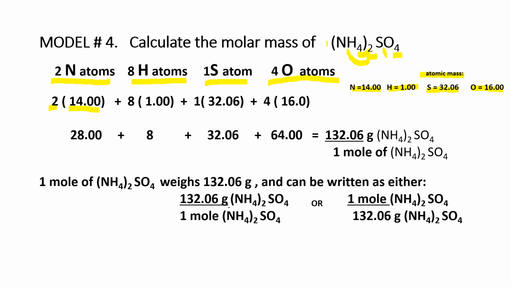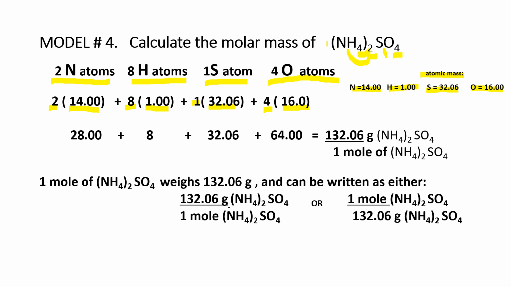The number of hydrogen atoms multiplied by the atomic mass of hydrogen to get the mass. To get the mass of sulfur, multiply the number of sulfur by the atomic mass of sulfur. And to get the mass of oxygen, multiply the number of oxygen atoms by the atomic mass of oxygen.